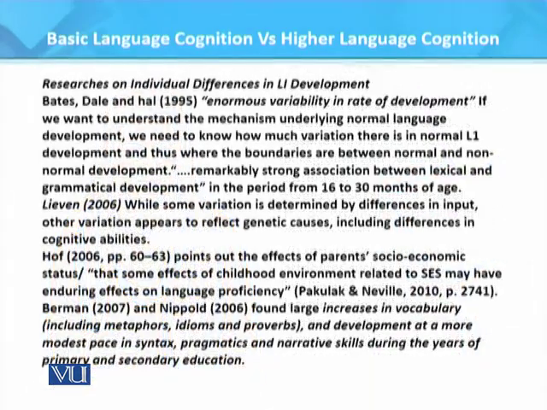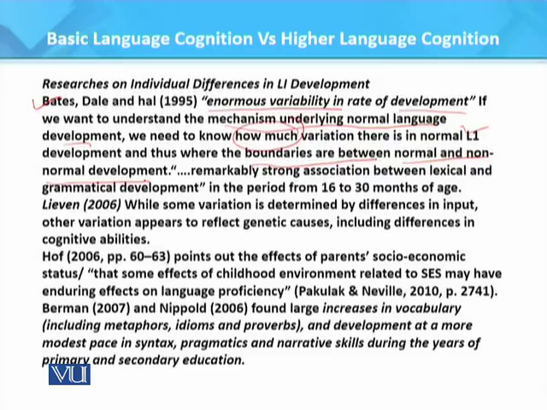We have other researches which focus on individual differences in first language development. Let's try to understand them. Bates, Dale, and Hall say that there is enormous, huge variability in the rate of development. They believe that if we want to understand the mechanism underlying normal language development, we need to understand how much variation there is in normal L1 development, and thus where the boundaries are between normal and non-normal development.